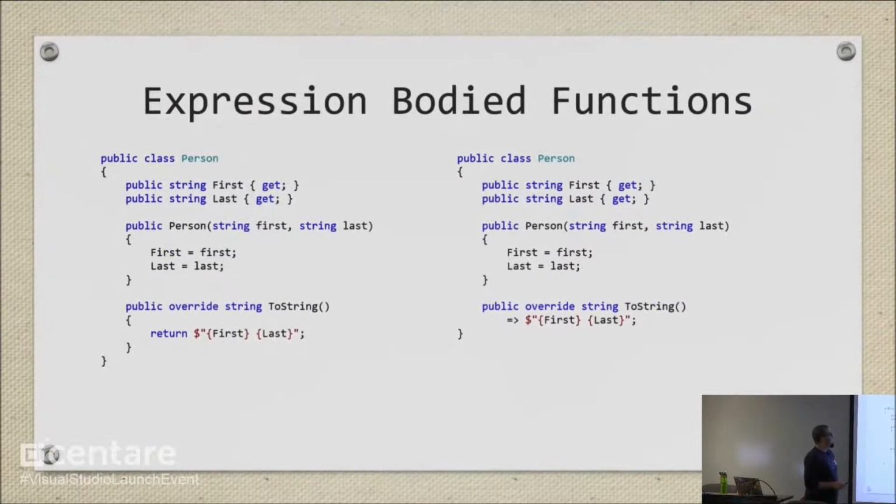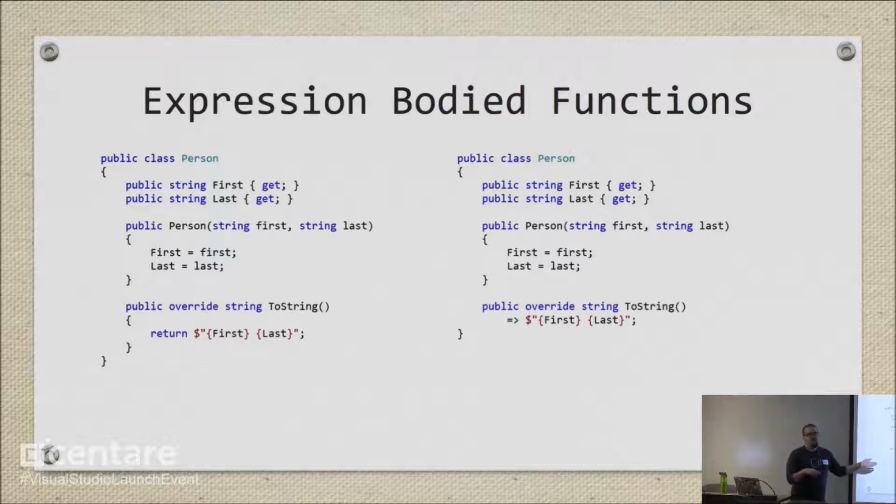Expression body functions. One of the cool things about C# that I've been liking a lot is it's moving towards becoming more and more expressive. So are you guys familiar with the lambda operator? Yeah, pretty well known. So now if you have simple statements like public override string ToString. Every object has ToString, right? So if we override that virtual member, we specify our own functionality.